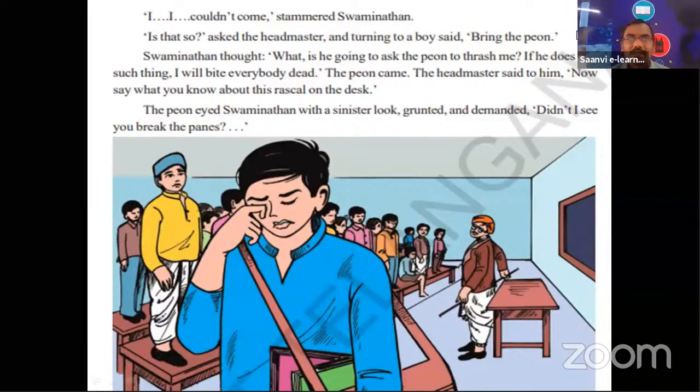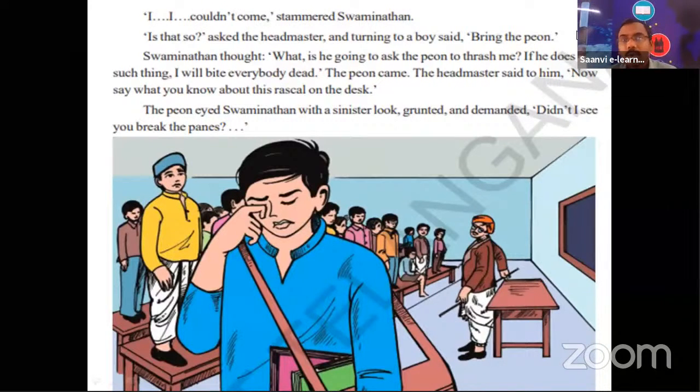"Is that so?" asked the headmaster, and turning to a boy, he said, "Bring the peon." Then the headmaster asked one of the boys from that class to go and bring the peon. Swaminathan thought, what is he going to ask the peon to thrash me?